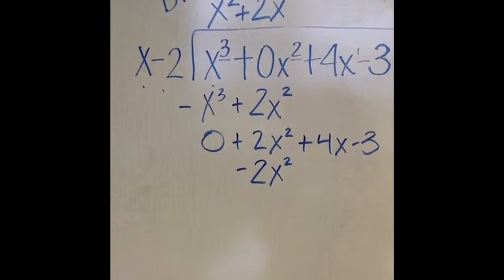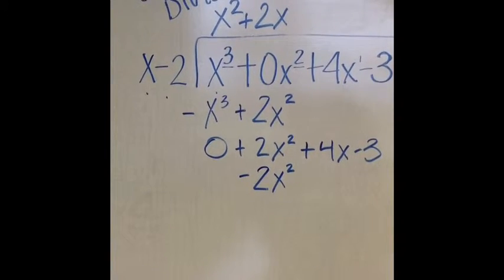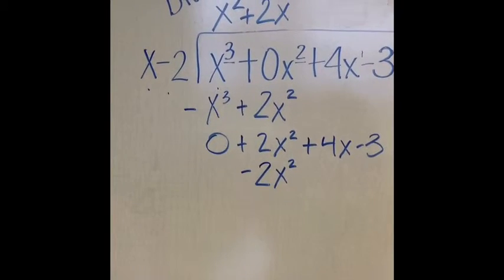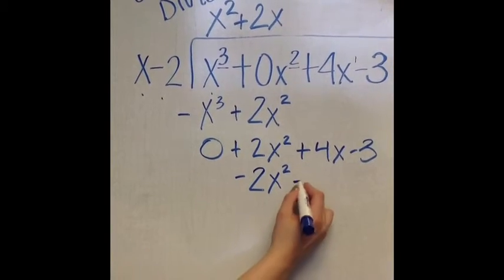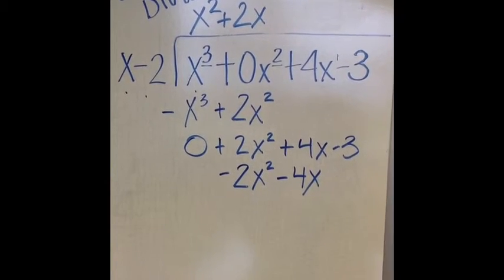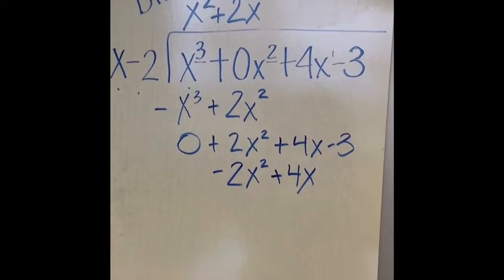Then you also take the 2x on top and times it by the negative 2 on the outside. So you have negative 4x, but you have to change your sign again, so you have positive 4x.